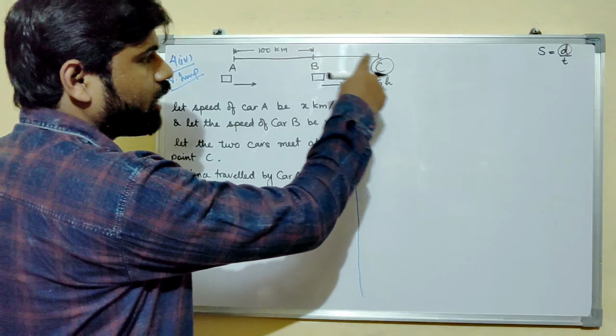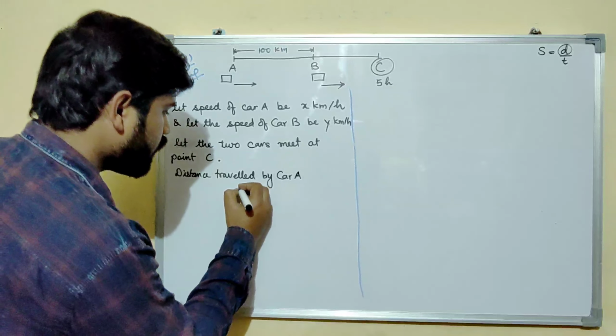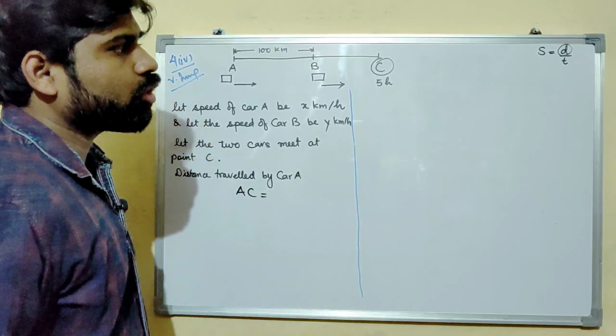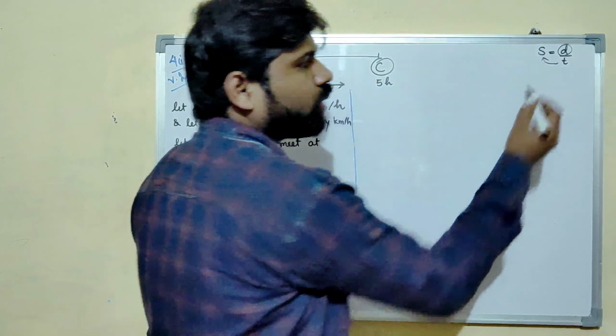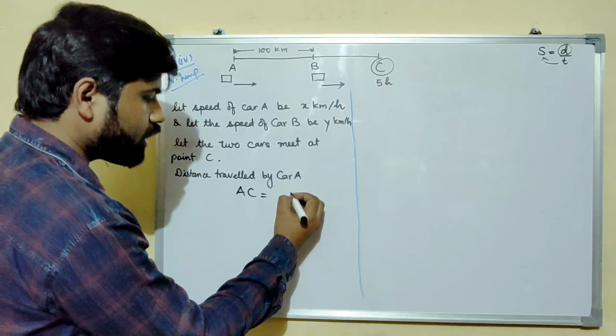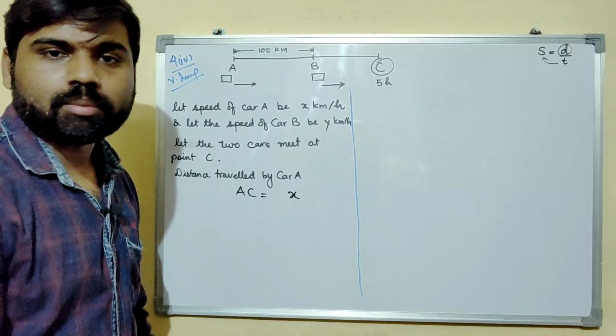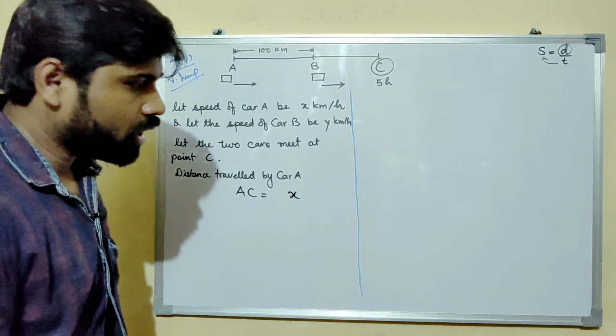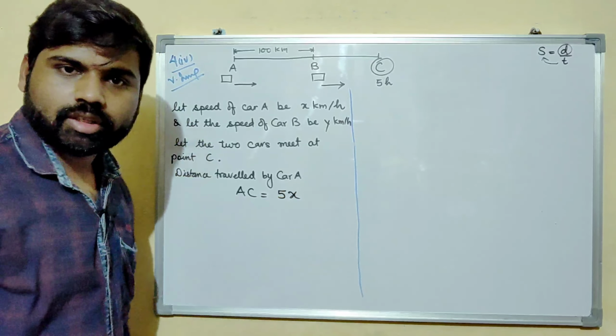It is AC. So what is the formula of distance? It is speed into time. What is the speed of car A? It is x. And how much time did it take? 5 hours. So 5 into x, that means 5x.